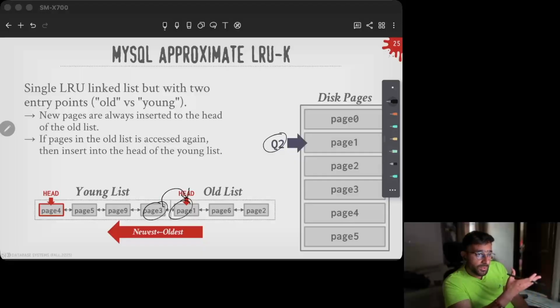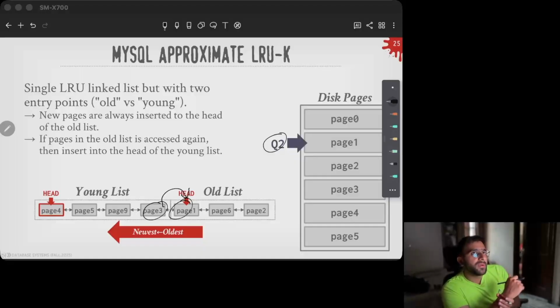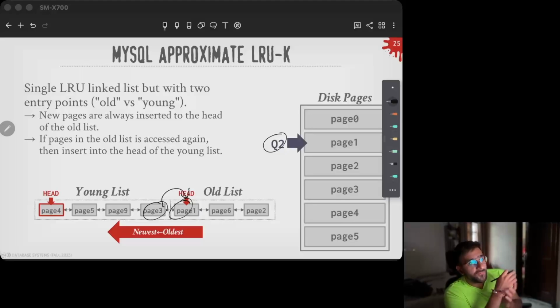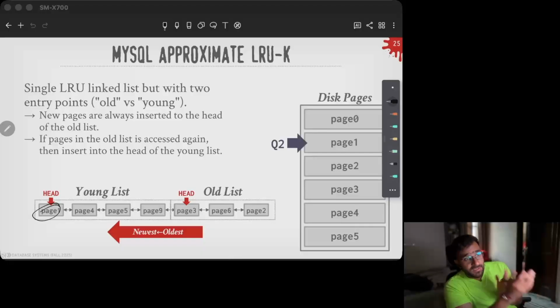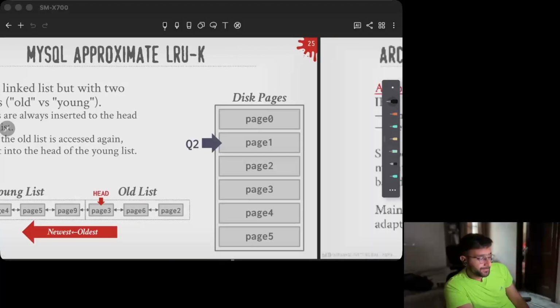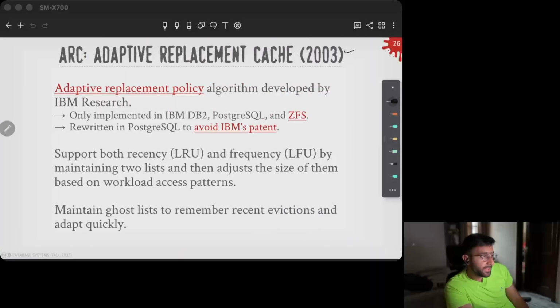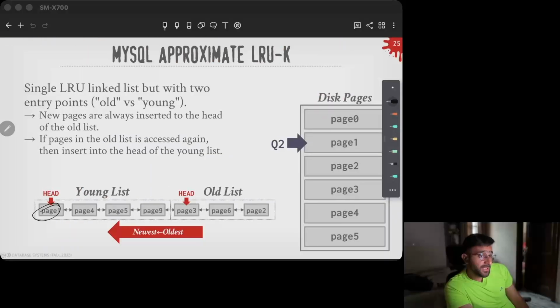Now that I'm speaking of it, it also makes sense that old pages are old, so they have not been used in a long time. Like if you have an old car, it might be that it has not been used for a long time. So that makes sense. And the young list is the pages that have recently been used. So that was approximate LRU-K.